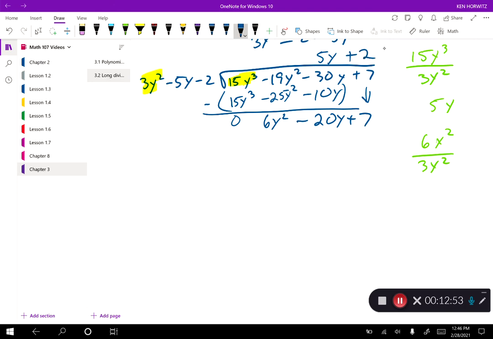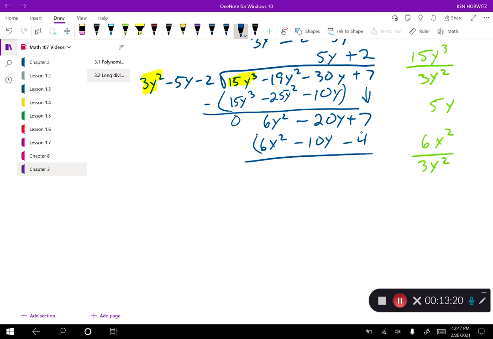I want this to be accurate. Now we're going to take the 2 and multiply it times each term on the outside. So 2 times 3y squared is 6y squared. 2 times negative 5y is negative 10y. And 2 times negative 2 is negative 4.